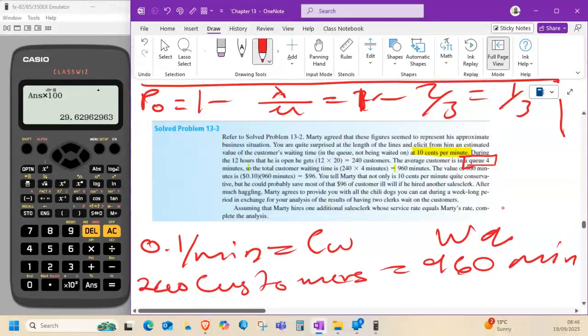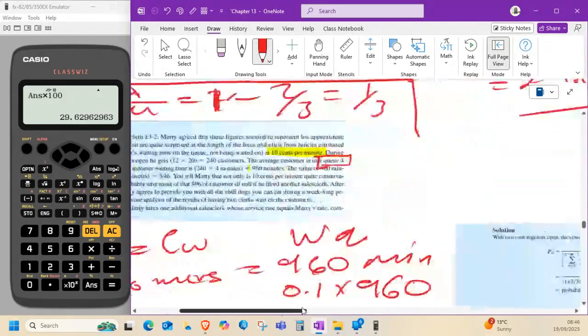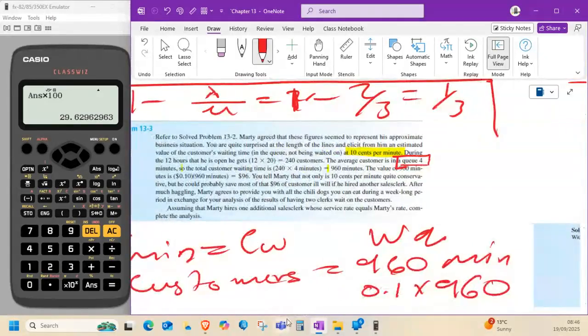Now obviously there is this issue of 0.1 times that total time of waiting, but it's not enough. You still need to multiply by the 20.